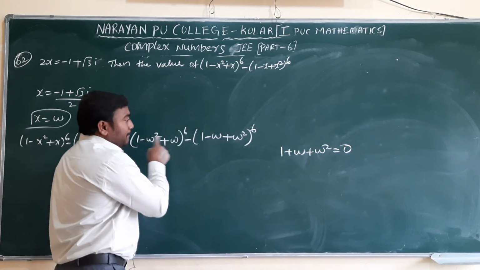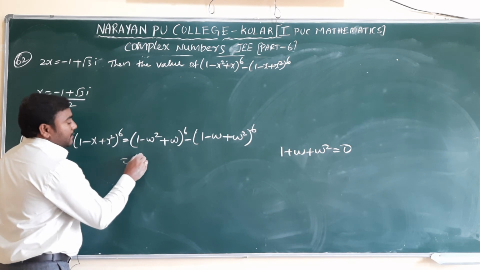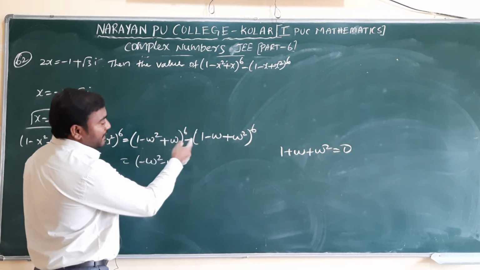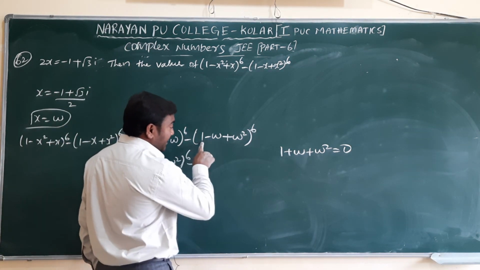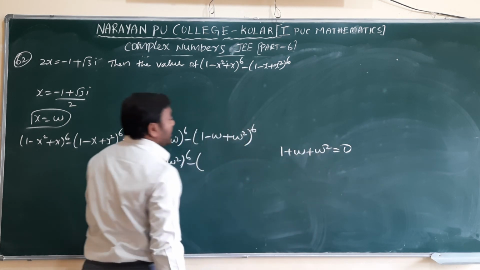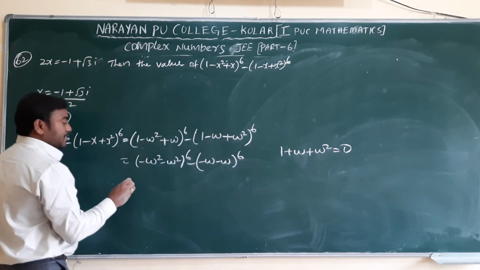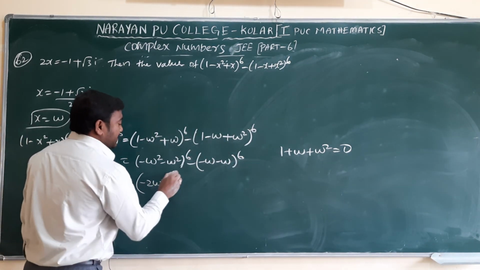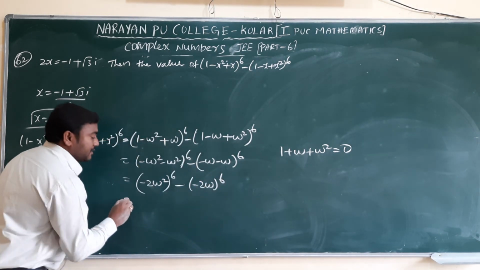So here 1 plus omega gives minus omega square, so (minus omega square minus omega square) whole power 6, minus of (1 plus omega square gives minus omega) so (minus omega) whole power 6. Here (minus 2 omega square) whole power 6 minus of (minus 2 omega) whole power 6.